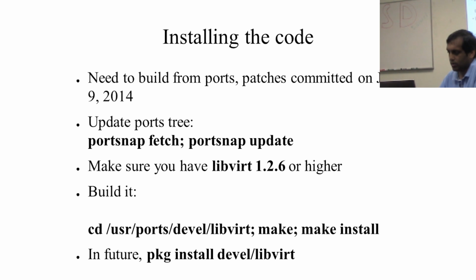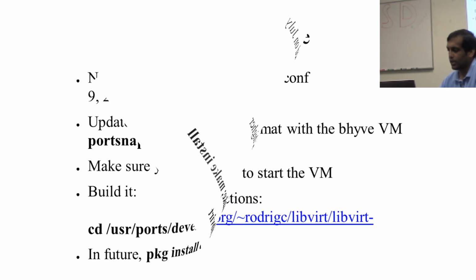Then to build it, you go to /usr/ports/devel/libvirt and run make install. Hopefully in the future you'll just be able to do pkg install libvirt. But if you do pkg install libvirt today, you'll get a version of libvirt that is completely unusable. So don't do that. Update your ports tree and build this thing yourself.